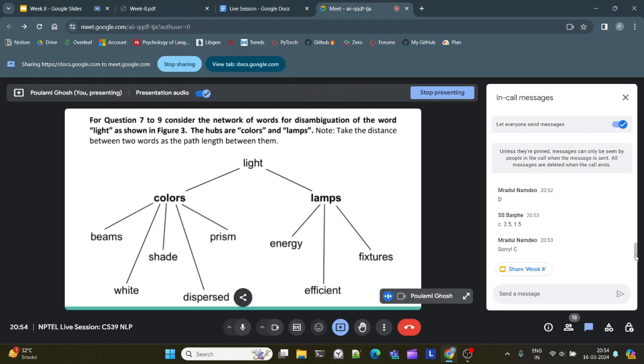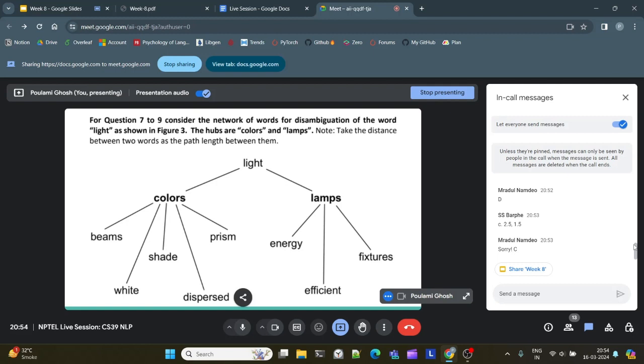Okay, let's discuss. This time, two of you have answered. Let's hear from SS Bape. Would you like to say? Madam, you told us about the formula S_k is equal to 1 upon 1 plus distance between h_k and w_j. For the colors node, there are five nodes connected to colors, and for each node I'm getting 0.5.